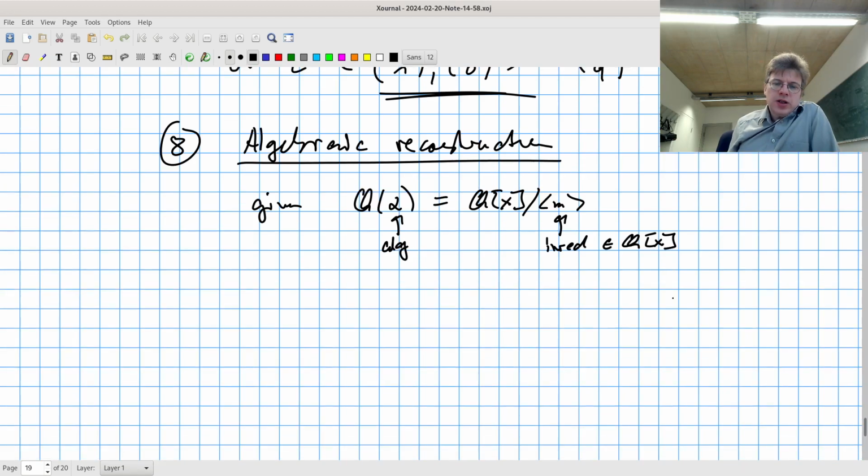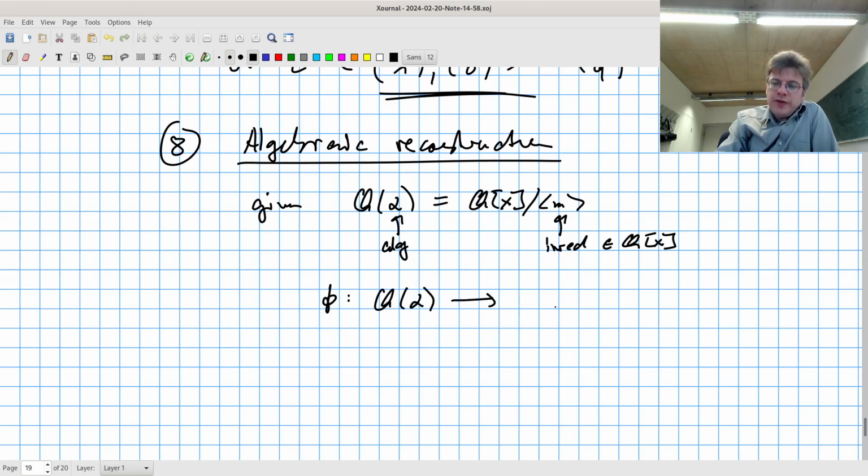And I have a map phi. Okay, so let me write this, but it doesn't really make sense, but let me write it nevertheless.